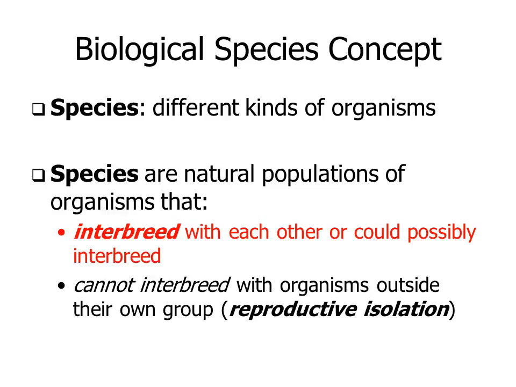Biologists use the word species to label different kinds of organisms. And according to the biological species concept, species are natural populations of organisms that interbreed with each other or could possibly interbreed, and that cannot interbreed with organisms outside their group. So this all depends on reproduction, not on the physical appearance.